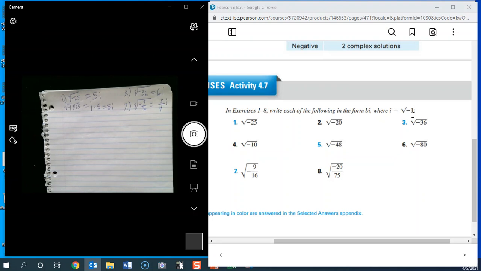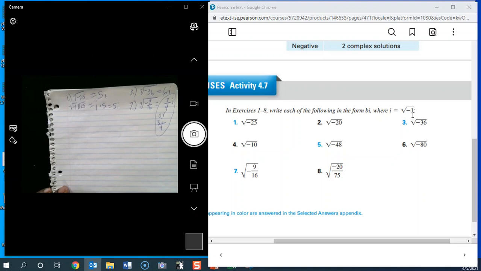So your final answer would be 3/4 i, or you could write it as 3i over 4. Either one of these is fine. 3/4 i with i in the middle, or 3i over 4. The i is not supposed to be in the denominator in this problem.